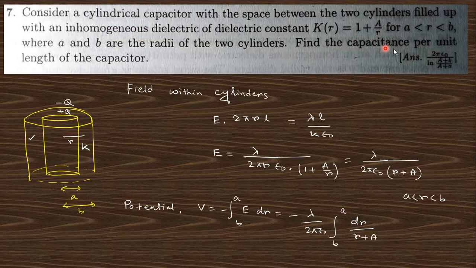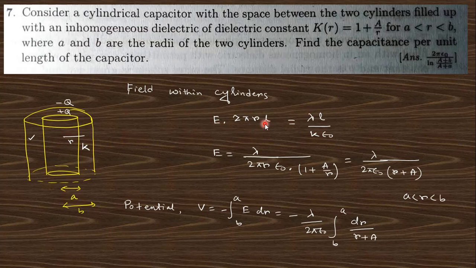We need to find the capacitance per unit length of this capacitor. Here we can use Gauss theorem. Within region 1 the field is 0 and in the outer region it is 0, because there is no net charge there; only in the region between is there +q and -q, so the electric field is present only within that region.